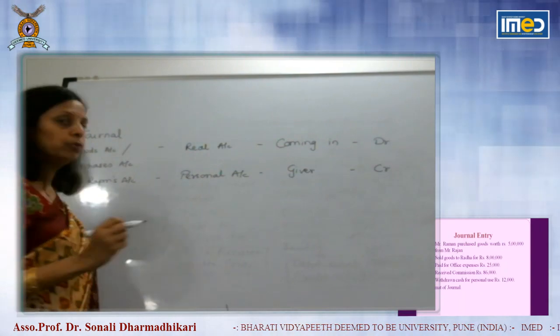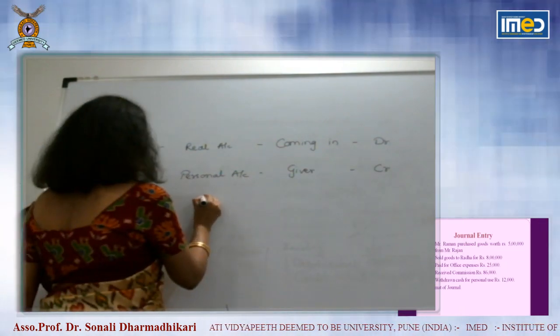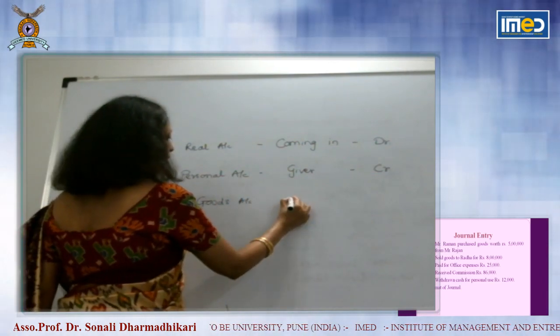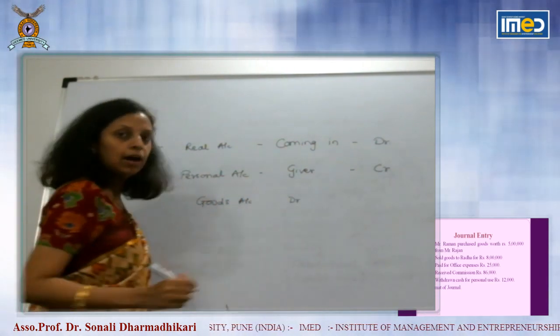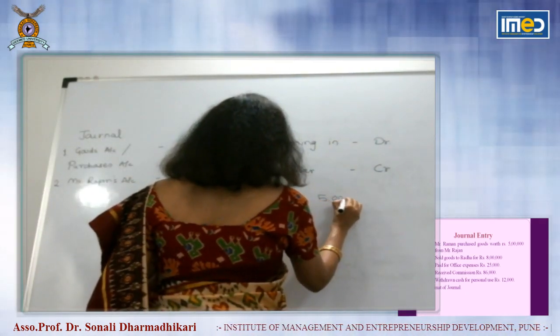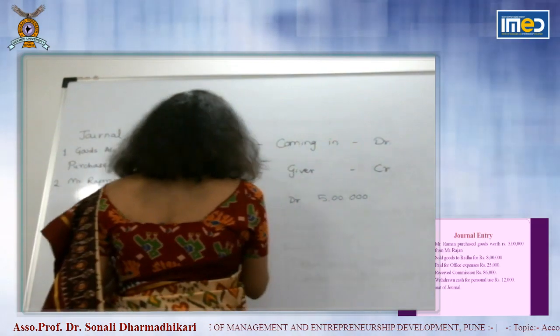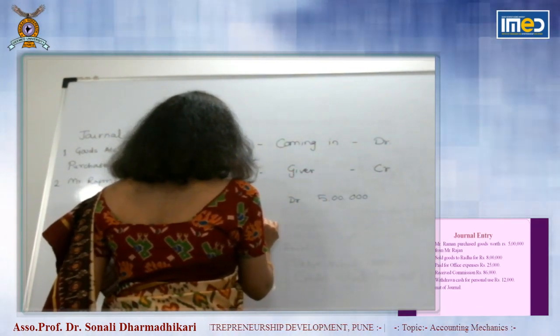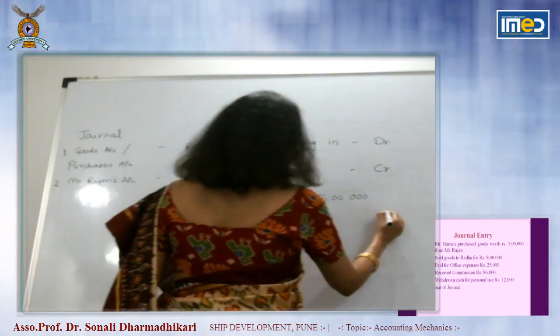So how to pass the entry? Goods are coming in. Goods account debit. The amount is rupees 5 lakh, to Rajan's account, 5 lakh.